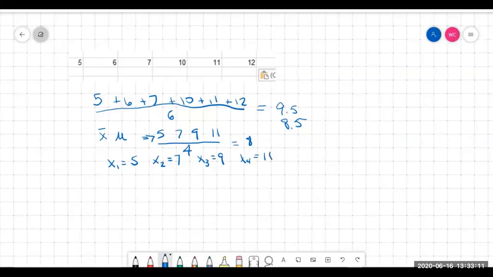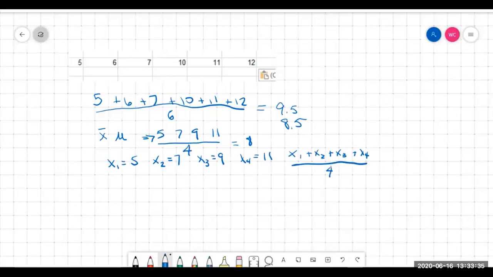So we could say that the mean is, instead of 5 plus 7 plus 9 plus 11, x1 plus x2 plus x3 plus x4 over 4, because there are 4 elements.